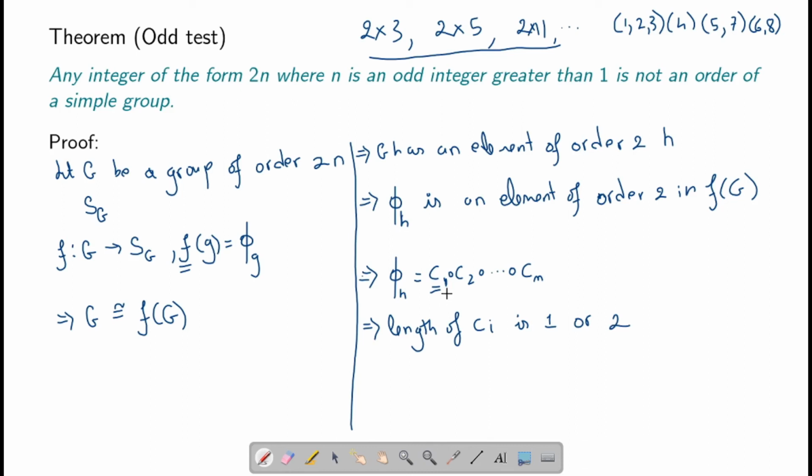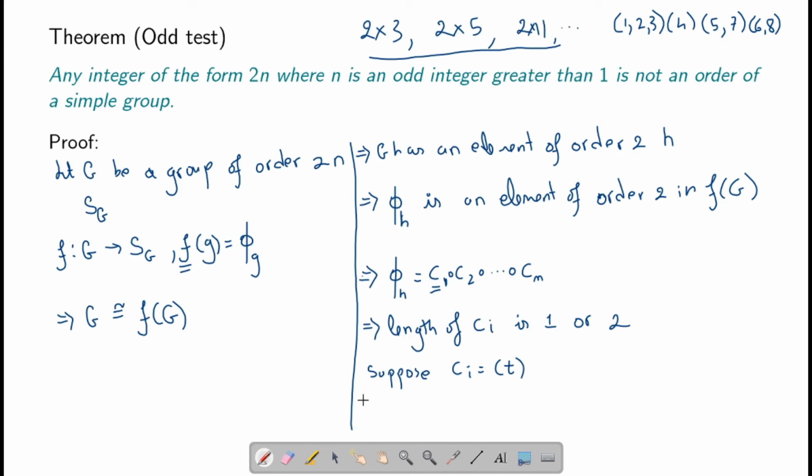Now what would happen if the length of C_i is 1? So suppose some C_i is of length 1.